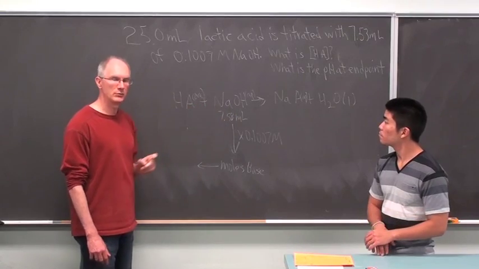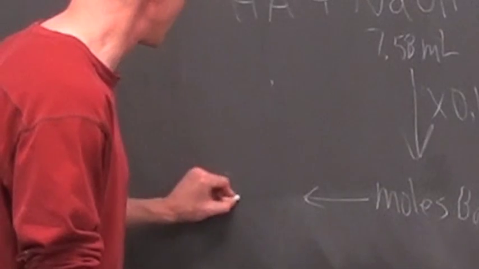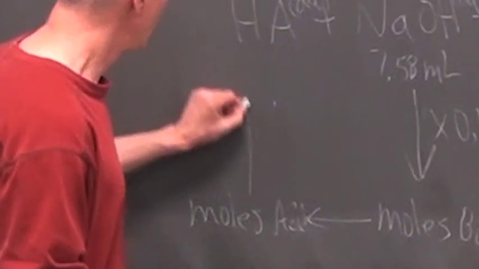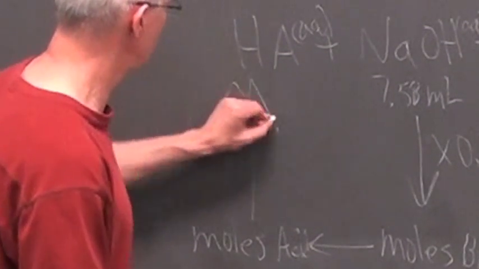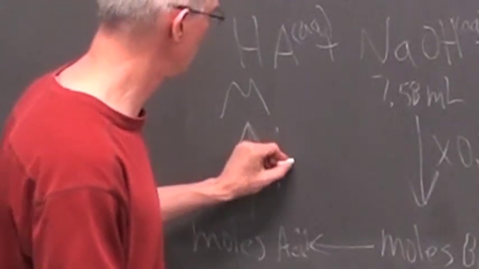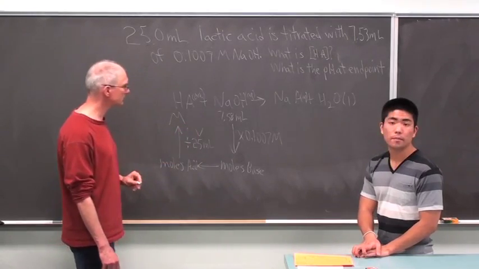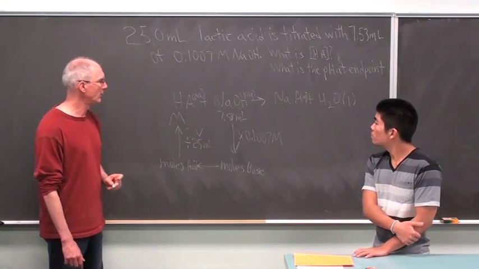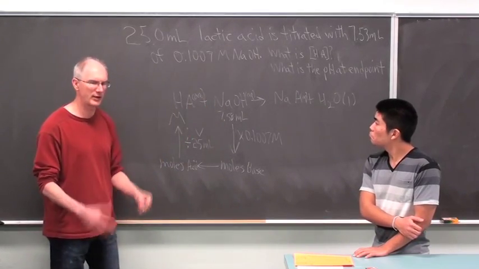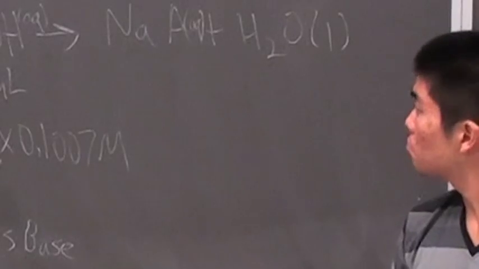It's a 1-to-1 ratio, so it's the same number as moles of acid. Then if I want concentration, I know moles, so I divide by the volume, 25 milliliters. That's the long way around, and if you don't have a 1-to-1 ratio, that's probably how I would do it, because I always get confused. Since it is a 1-to-1 ratio, we can use the simpler form.